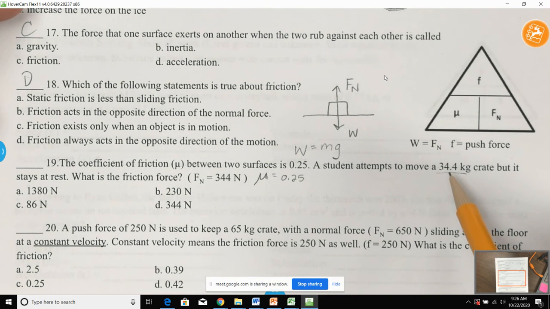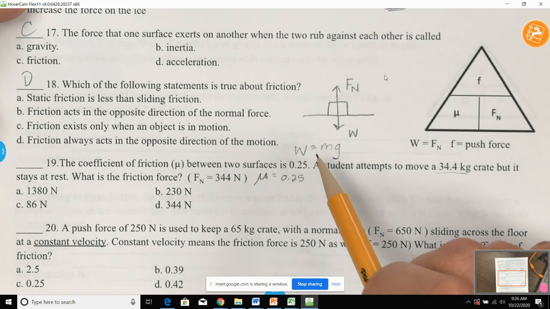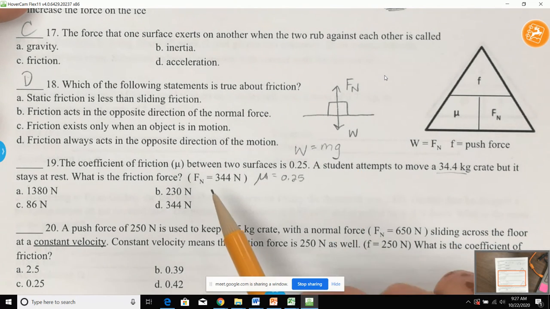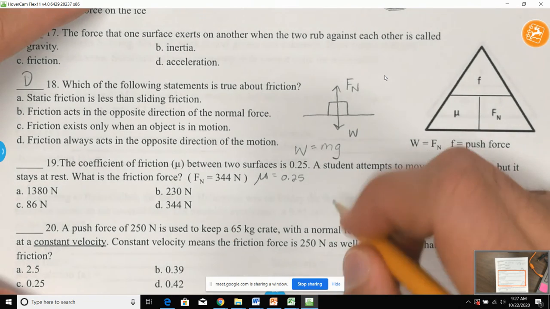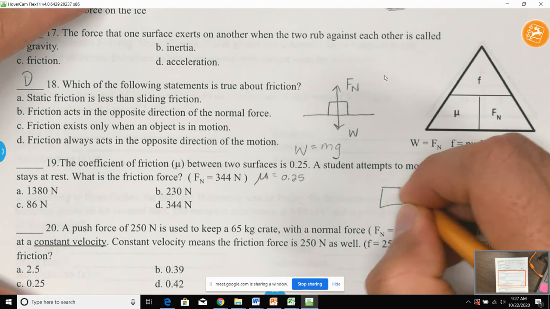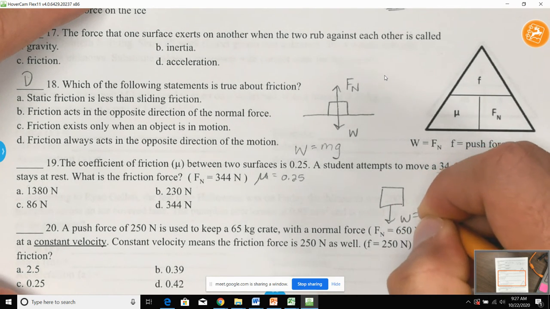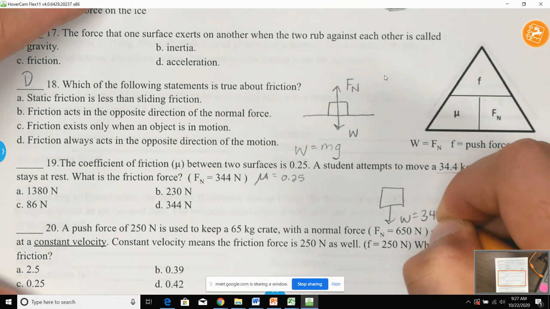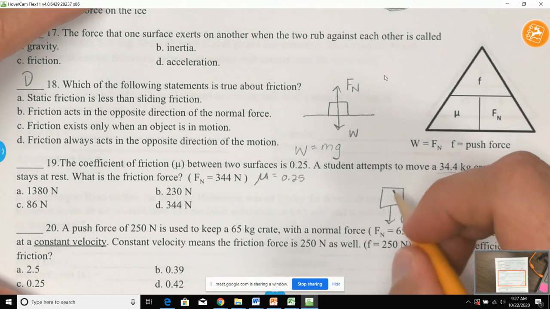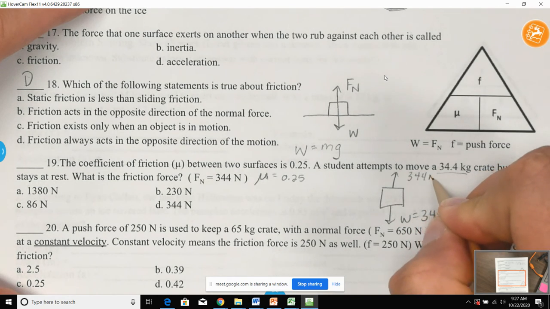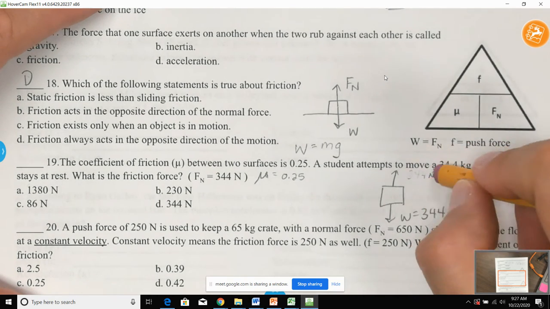Now, to get this into weight in newtons, you would take this times 10. So mass times 10 gives us 344. If I just draw this little picture, the weight down would be 344, and they tell us right here that the normal force, F sub n, is also 344.